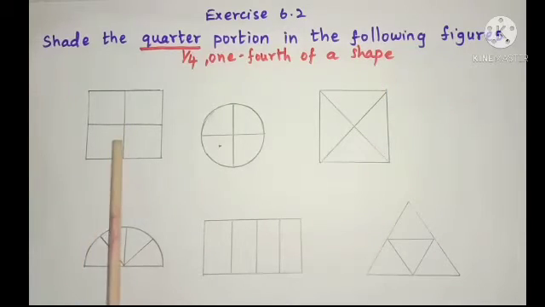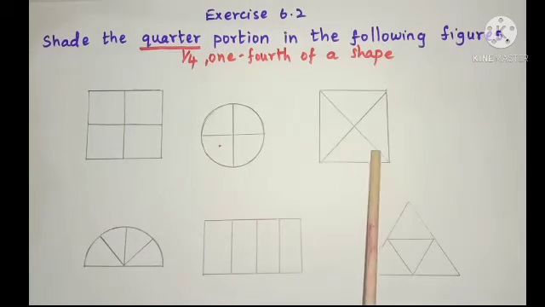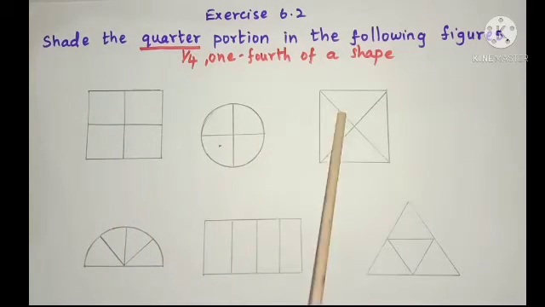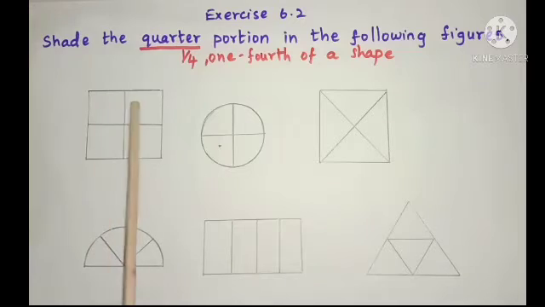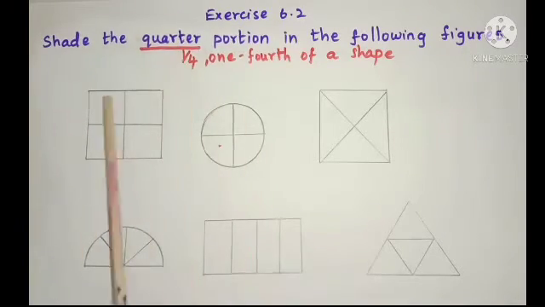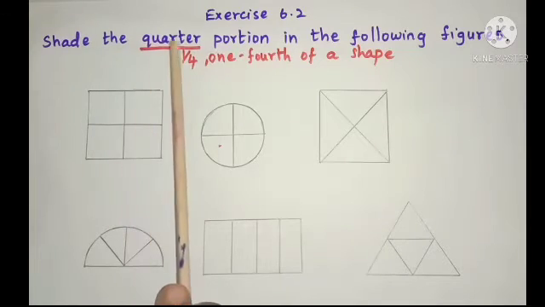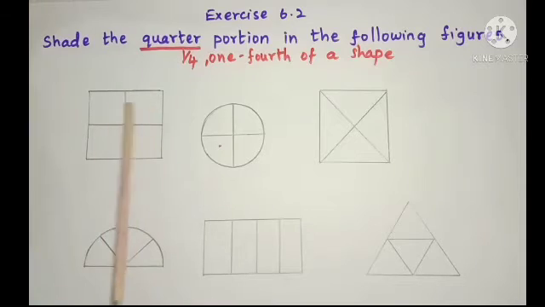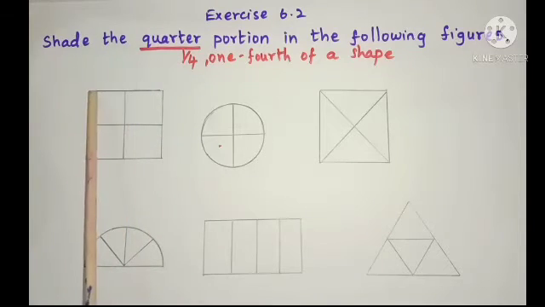So children, here the square, circle, square, semicircle, rectangle and triangle shapes are divided into 4 equal parts. 1, 2, 3, 4. We need to shade the quarter portion, which means from the 4 equal parts, you have to shade only one.